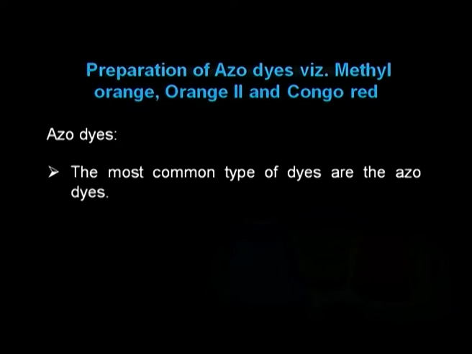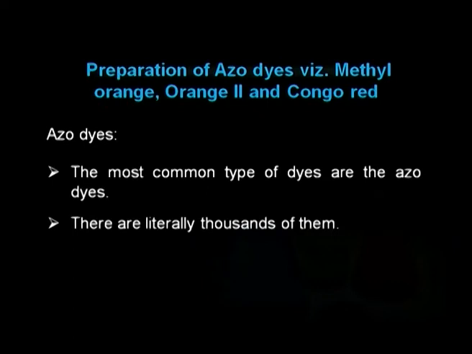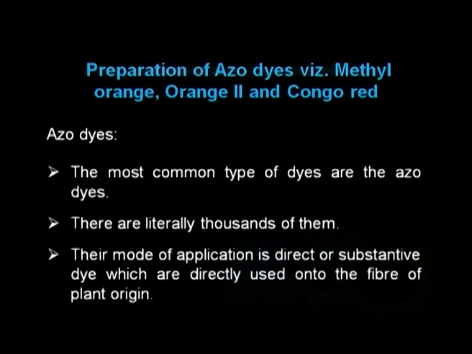Azo dyes are the class of dyes which are most common amongst various classes of dyes, and there are literally thousands of them available. Their mode of application is direct or substantive, which are directly used on the fiber of plant origin. Azo dyes are prepared in 2 steps.